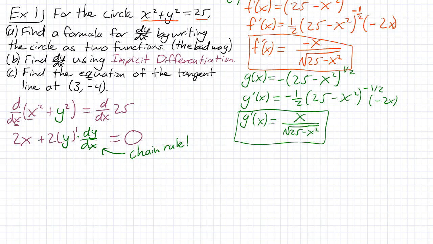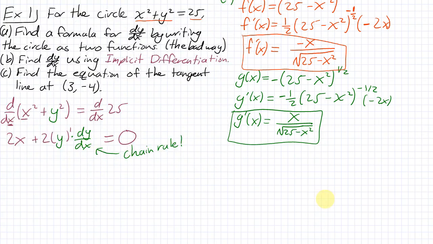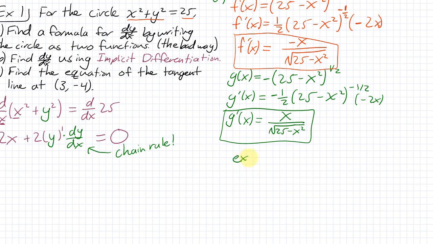It might be hard to understand why this is a chain rule. Let's just pretend that y was something else other than the y coordinates on the circle. And let's just remind ourselves how this is actually the chain rule. So I'm going to do an example on the side over here. So let's say you want to find the derivative with respect to x of, let's say, I don't know, e to the x squared.